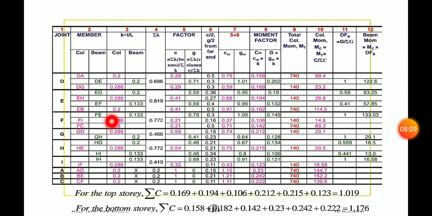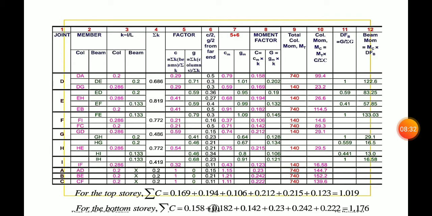At joint F only one beam, EF. At joint G only one beam, GH. At joint H, HG and HI. At joint I there is one beam, IH. And at joints ABC there is no beam.